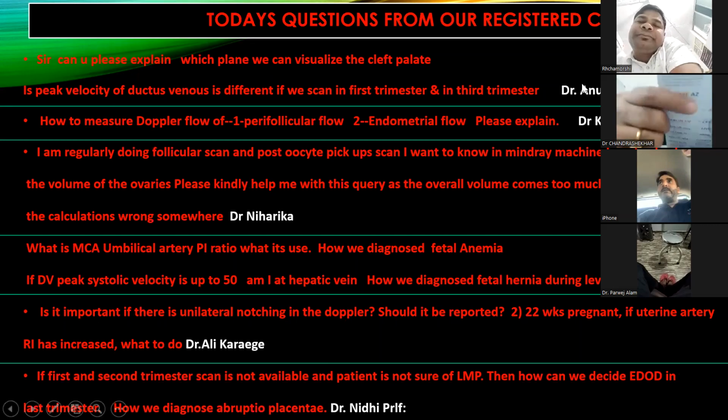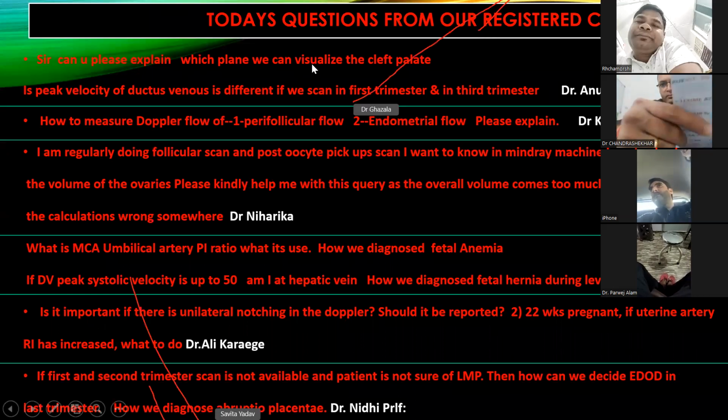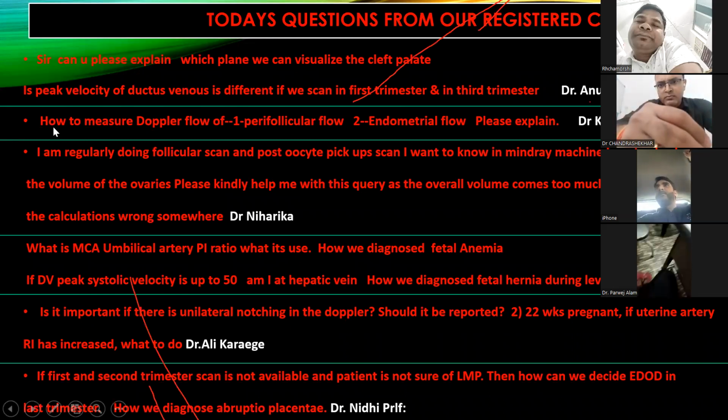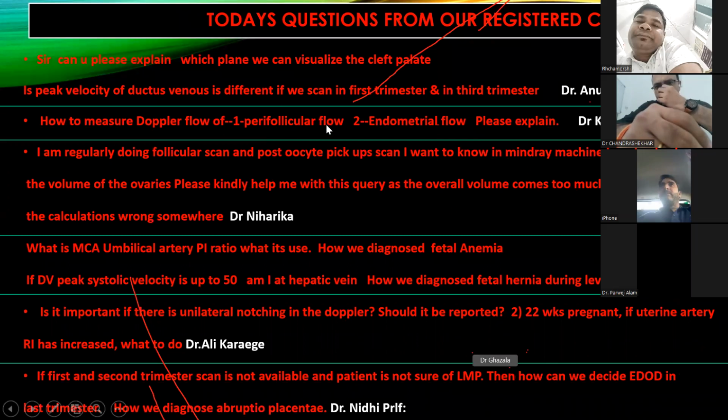First question is from Dr. Anusha Priya: Sir, please explain which plane we can visualize to see the cleft lip. Next, from Dr. Kalpana: how to measure the Doppler flow of the perifollicular flow and endometrial flow.